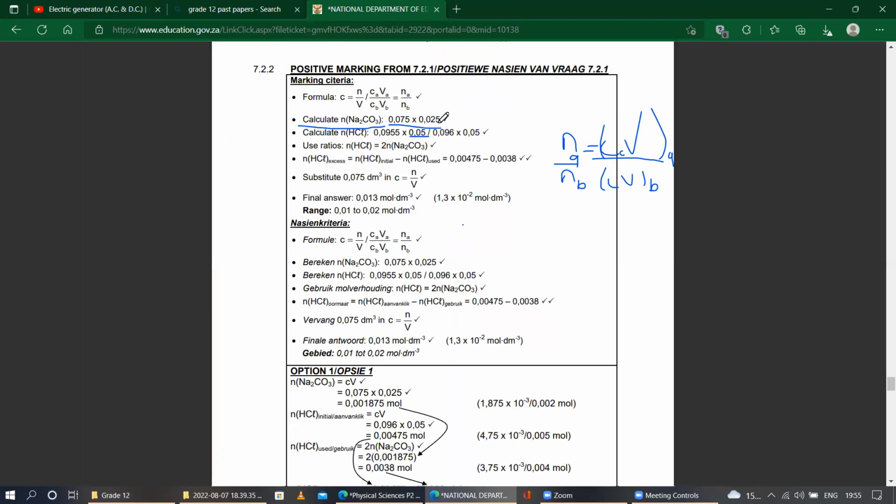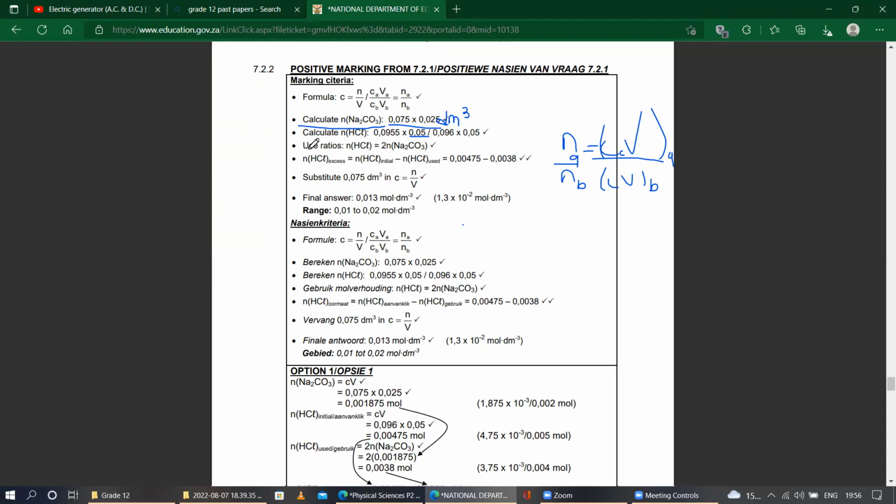It's just going to be 0.025 decicubic meter. I hope you guys know how to convert from cubic centimeter to cubic meter to cubic decimeter.